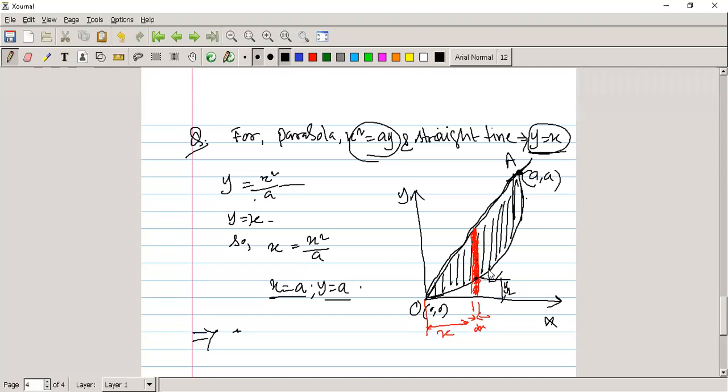Why is it y2? Because for this upper portion we have to consider a different point, consider D, and take this one as y1.